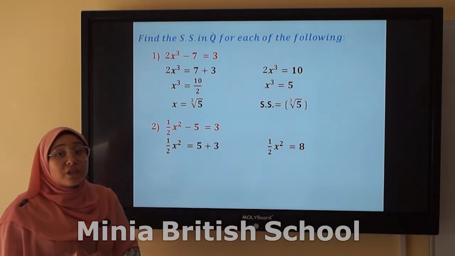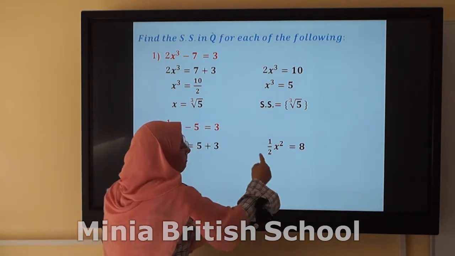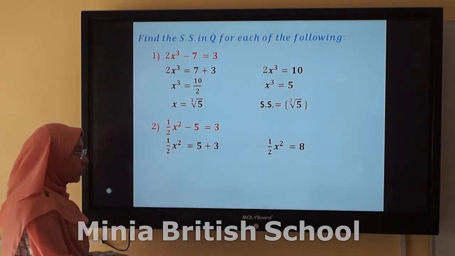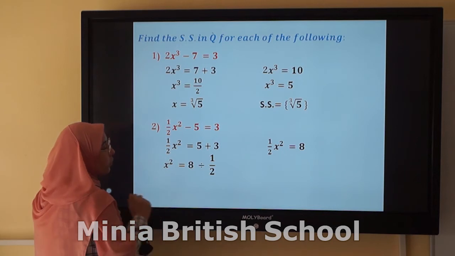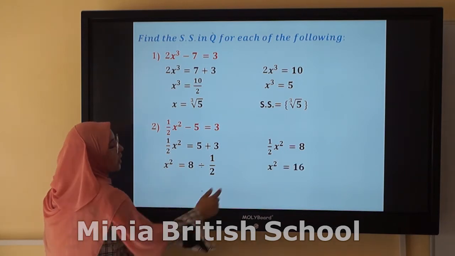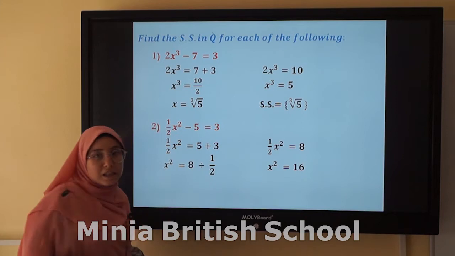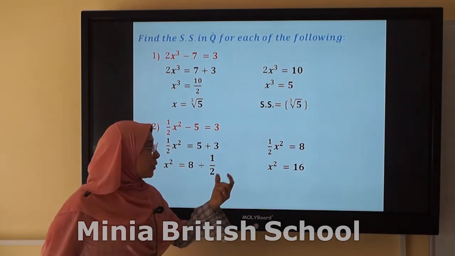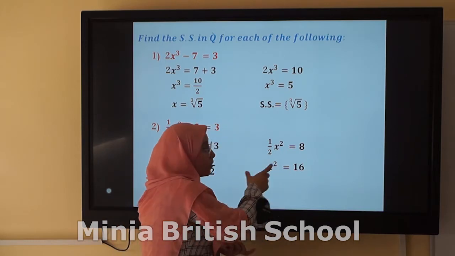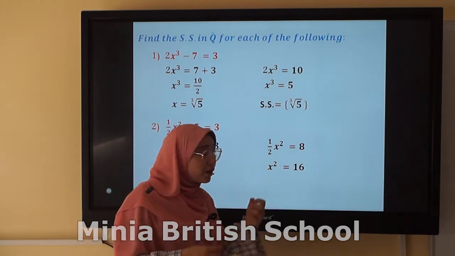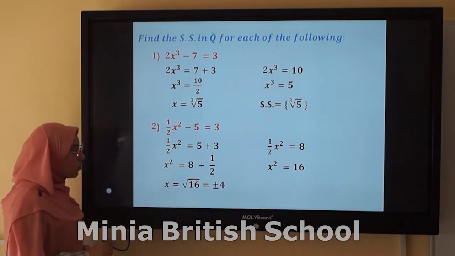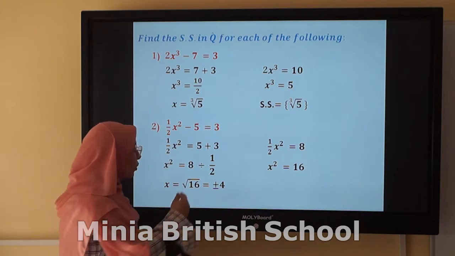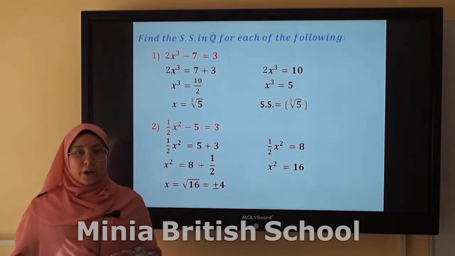Excellent. So, I will divide both sides here by half. We get x power 2 equals 8 divided by half. So, x power 2 equals 16. Now, I will take the square root for both sides here. We get x equals square root 16 equals what? Excellent. Positive or negative 4.